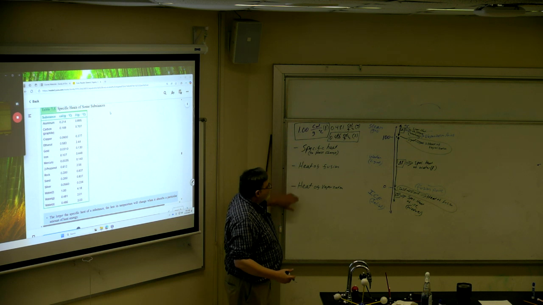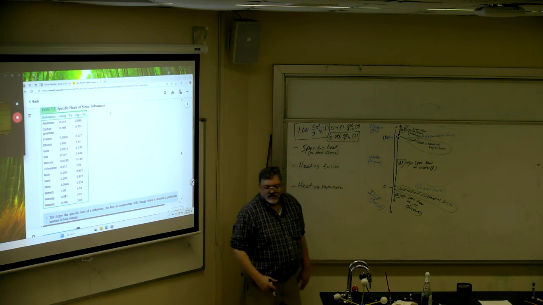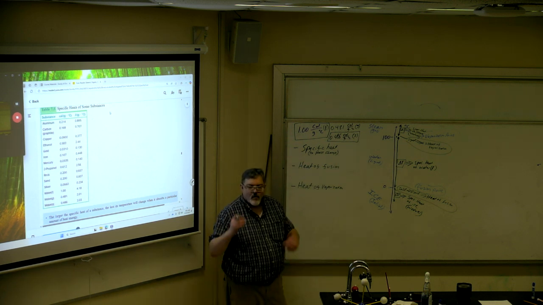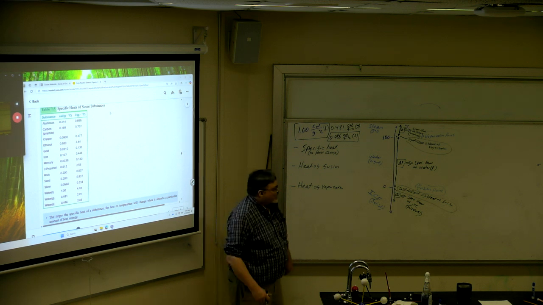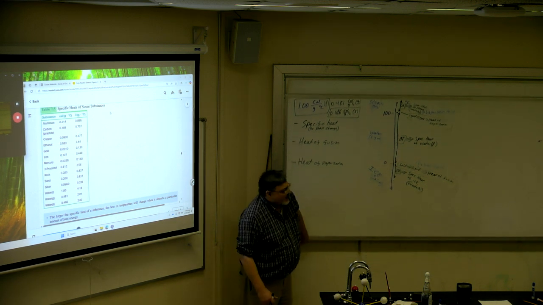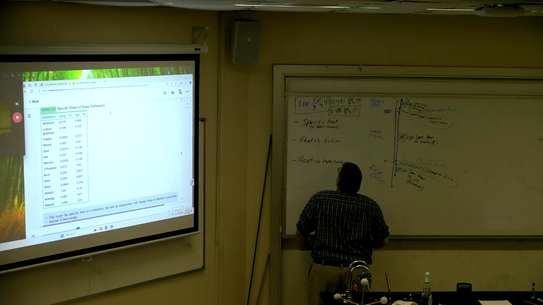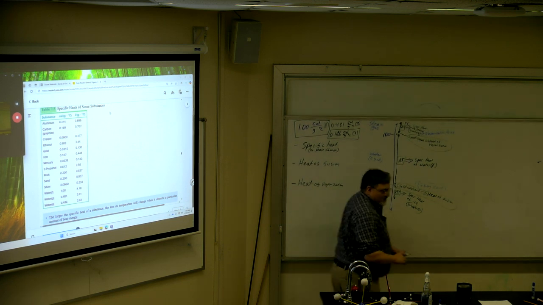So 3 different things you need to calculate along this temperature scale. I'll show you the calculations, but if you see that conceptually, then the rest is just calculations.